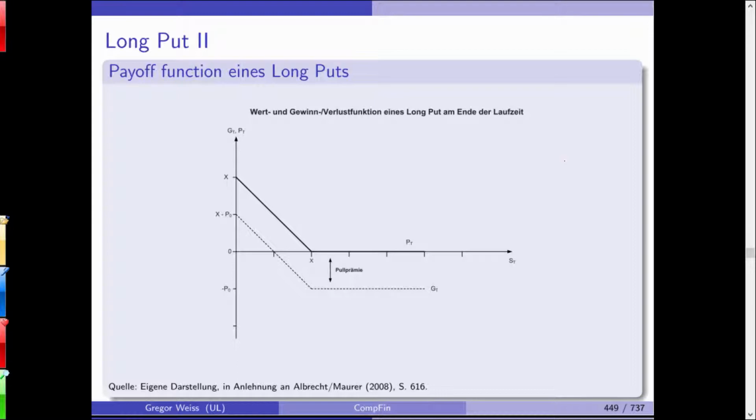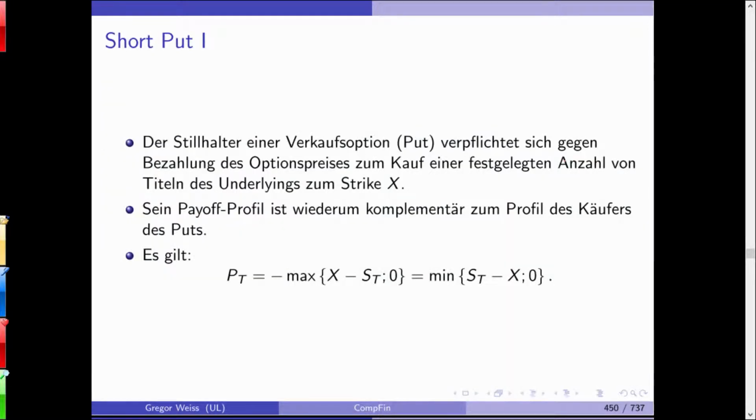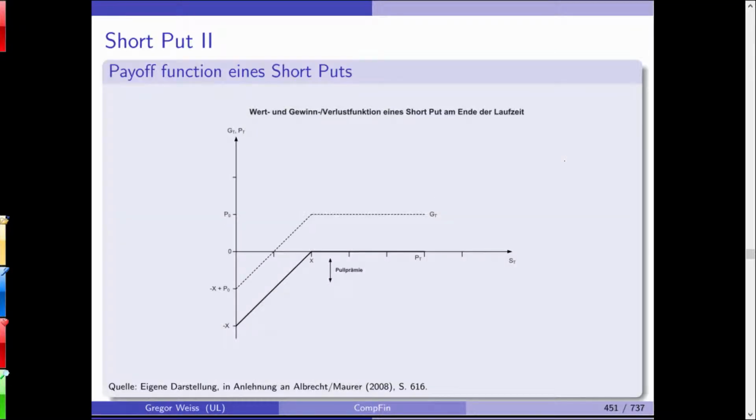One can see that in some cases the loss potential of an option contract is unlimited. Hypothetically. Short put, for example. Here you can see that if the price goes down, this will be our payoff, and this will be our maximum loss.